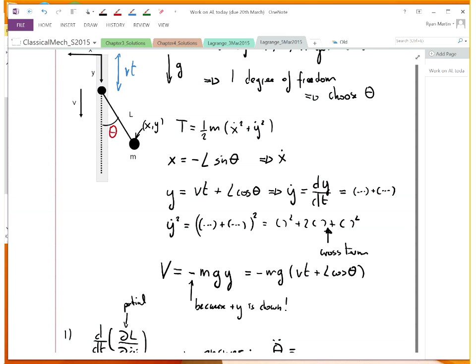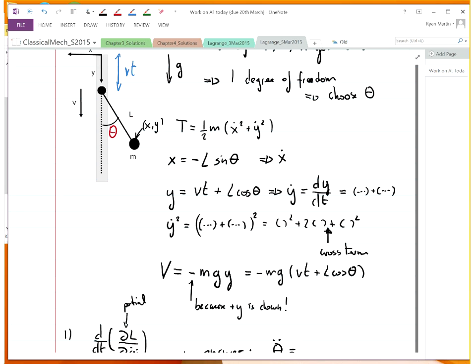So can we have an expectation of what it should equal to? Well, the fulcrum is moving at a constant speed. So the fulcrum is in an inertial reference frame. It's not accelerated with respect to itself.